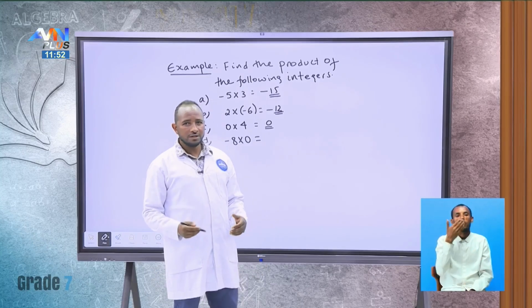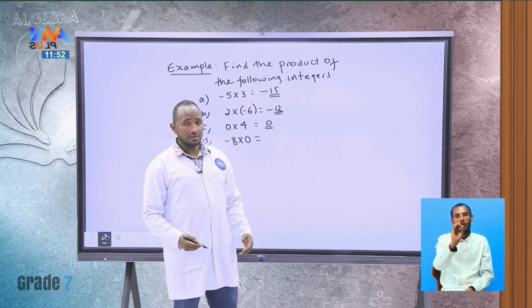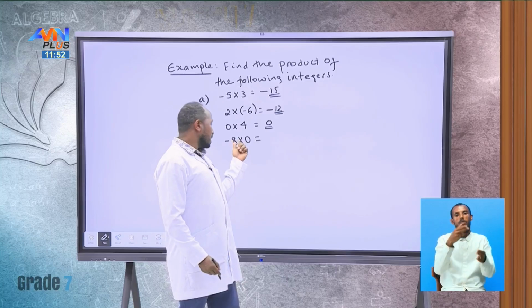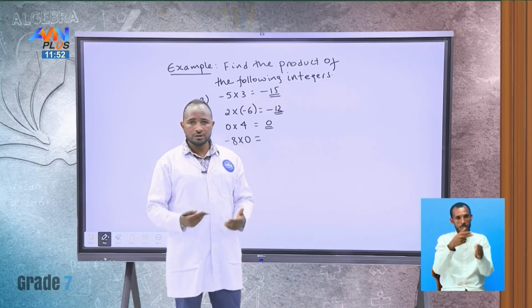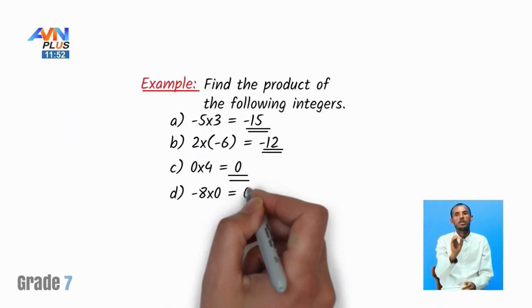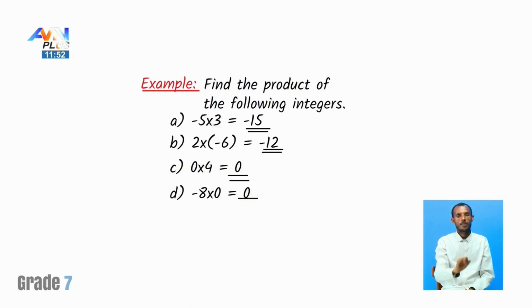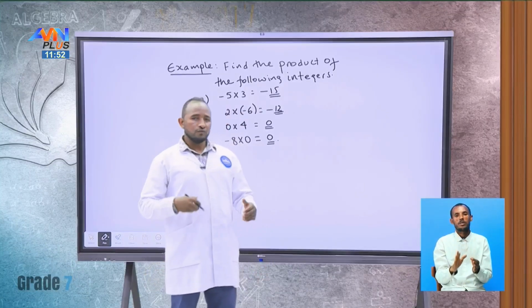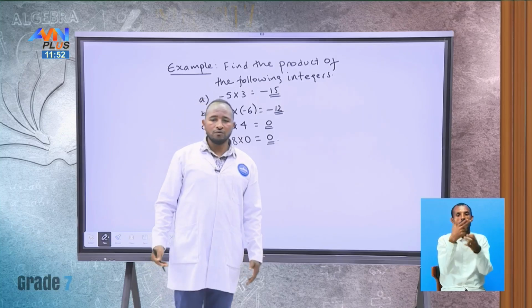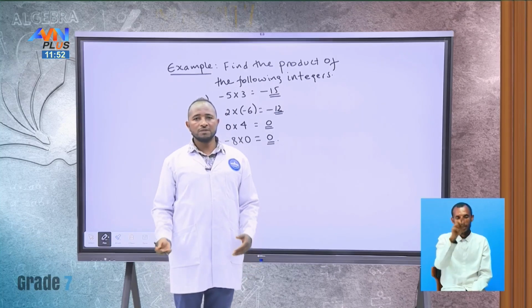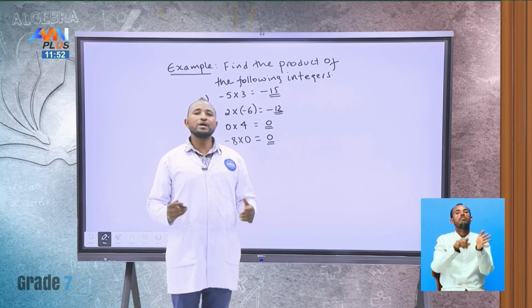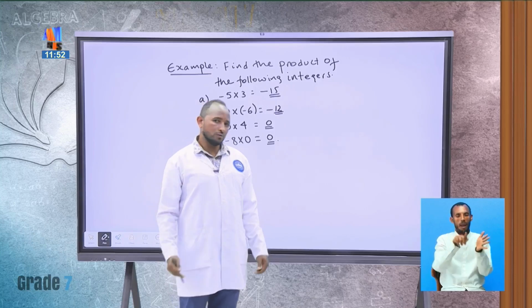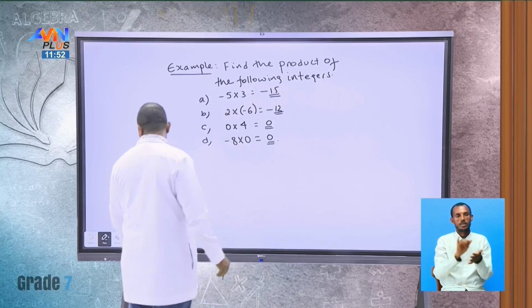The answer is 0, because we said the product of an integer and 0 is always 0. So the correct answer is 0. Now let's proceed to how to find the product of two integers having the same sign, or the product of two negative integers. We'll go to that point now.